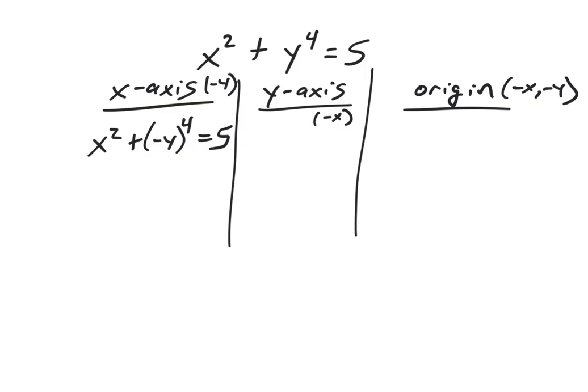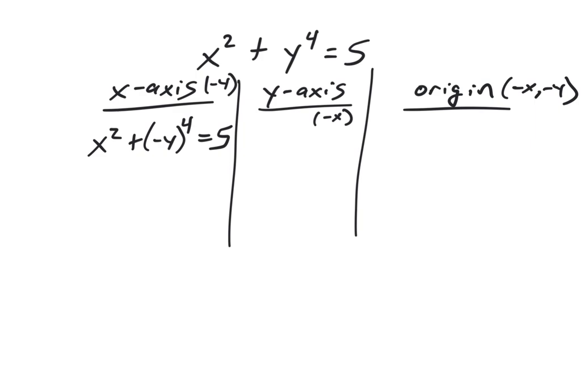Make sure when you put it in, you put that negative y in parentheses. That's probably the most important step that we do here. And when I take a negative number and raise it to an even power, what's going to happen to that? What happens to the negative? It disappears. It becomes positive, right? Just like when we did it earlier a few seconds ago with squared.